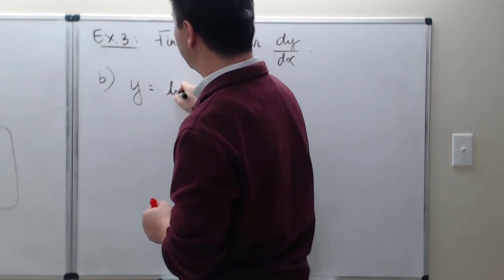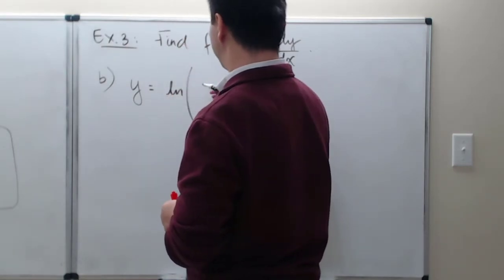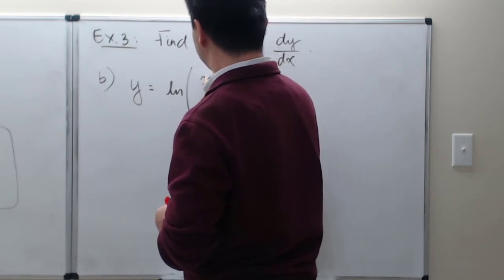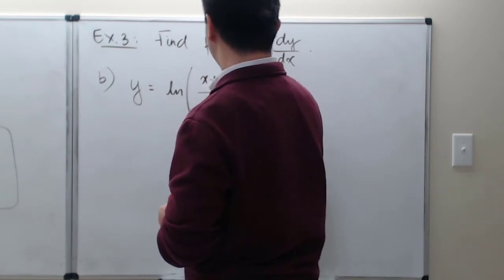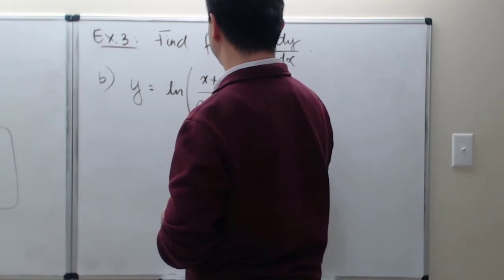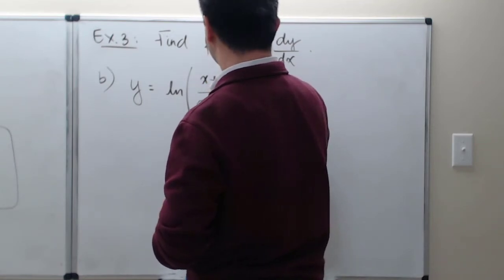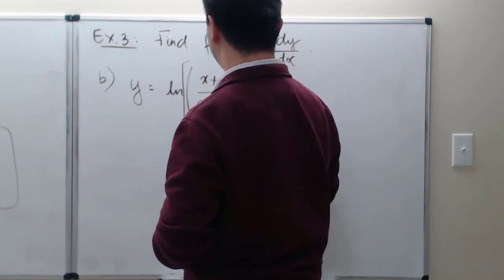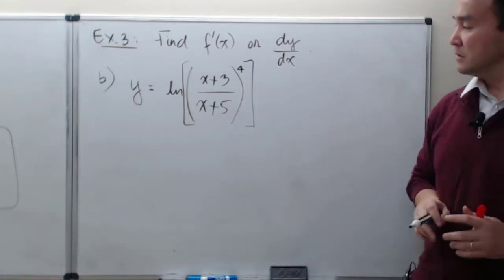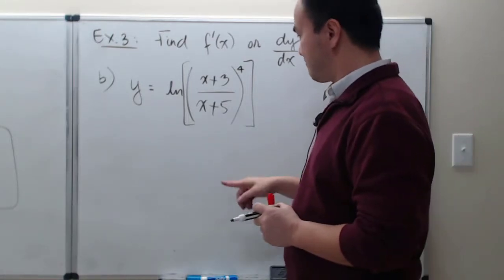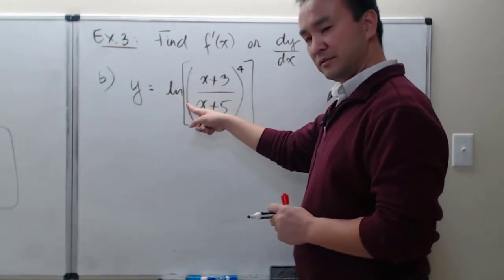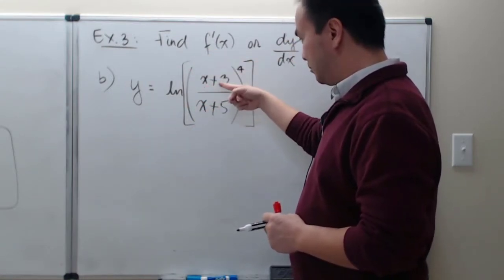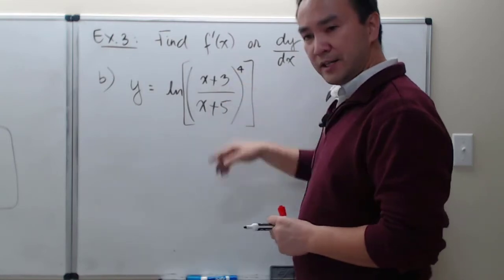We can have a natural log of x plus 3 over x plus 5, raised to the 4th power. So we got a natural log, and inside of the natural log we have x plus 3 over x plus 5, all raised to the 4th power.